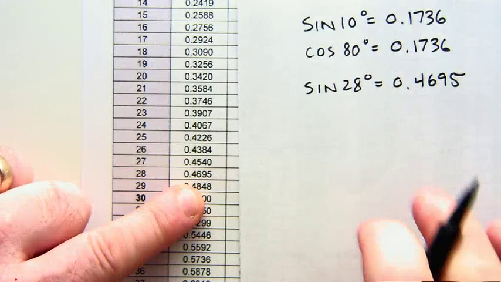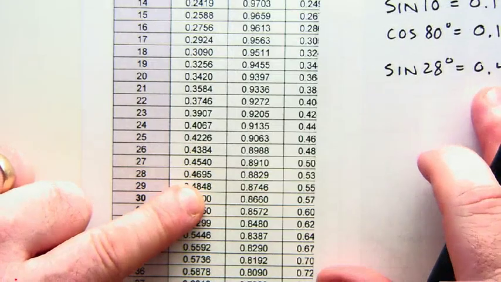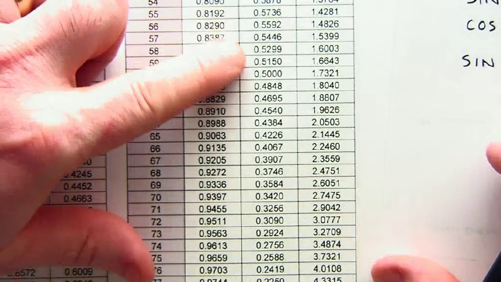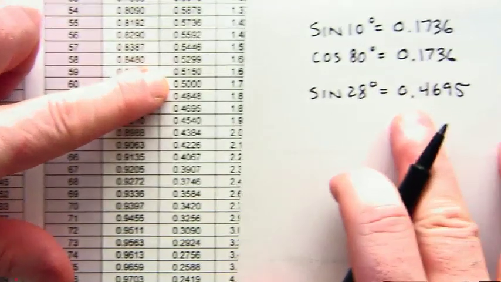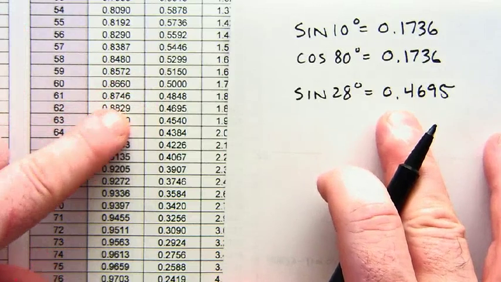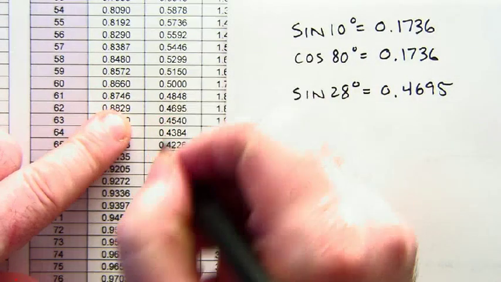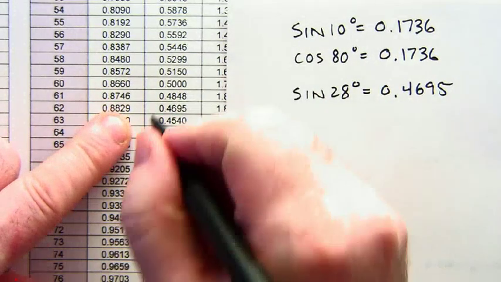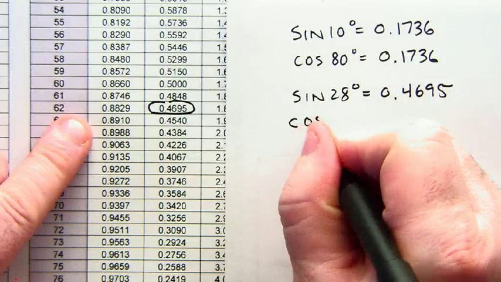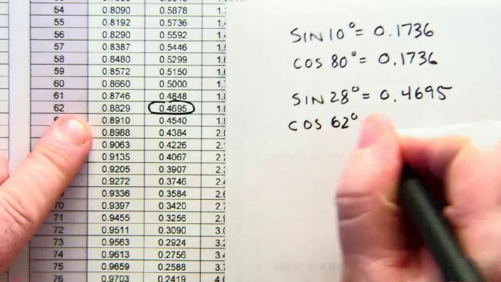Let's go find that number in the cosine column, if it exists. See, that's counting down, so let's go over. We're looking for 0.46. Whoop, there it is. Let's circle that. Where is it? Right here. And that would be cosine of 62.